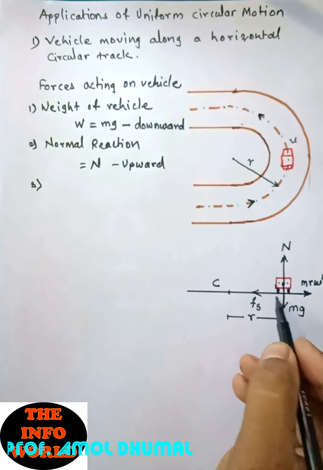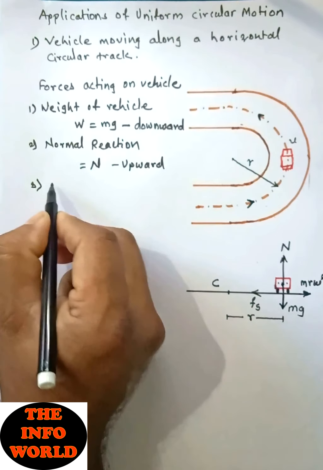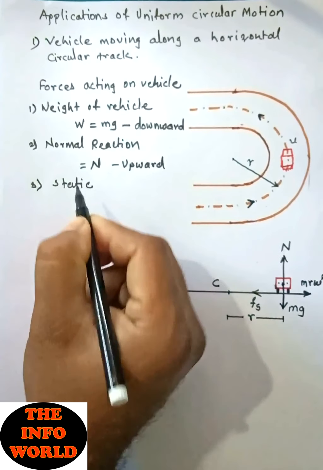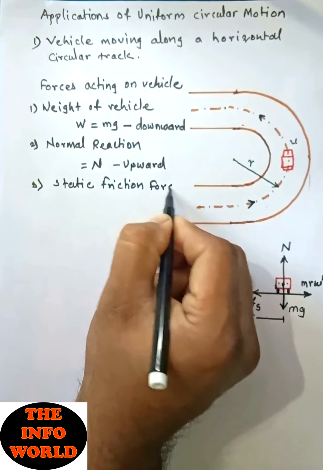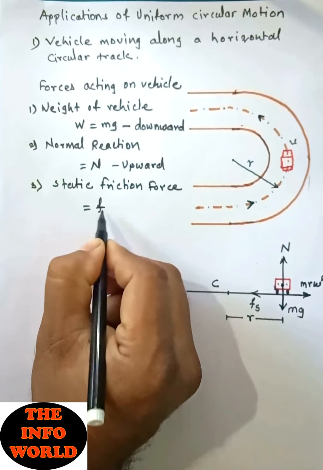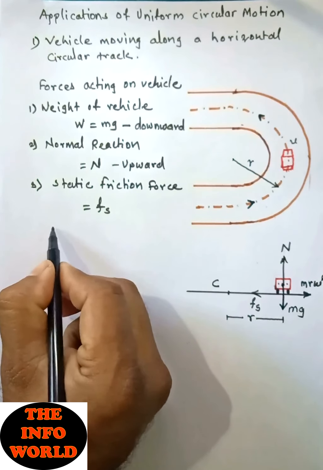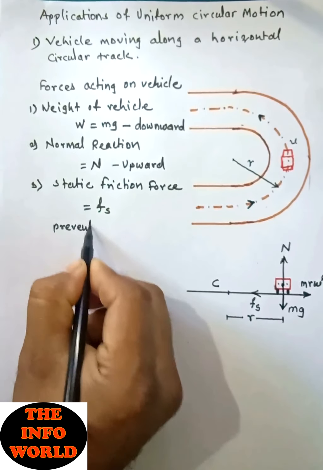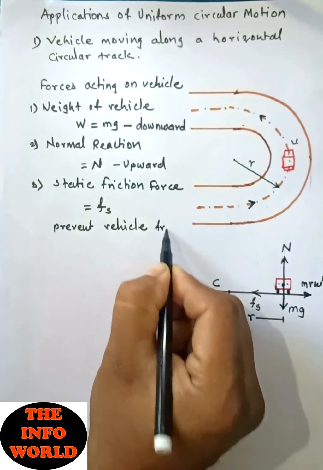So due to friction between the tires and the road surface, the static friction force, that is Fs, will prevent the vehicle from skidding or overturning.